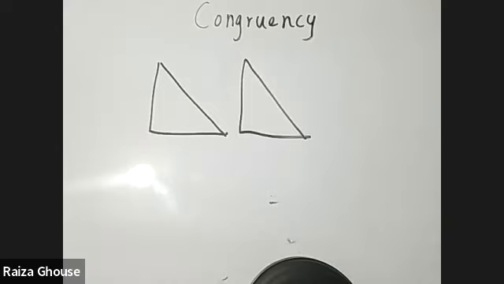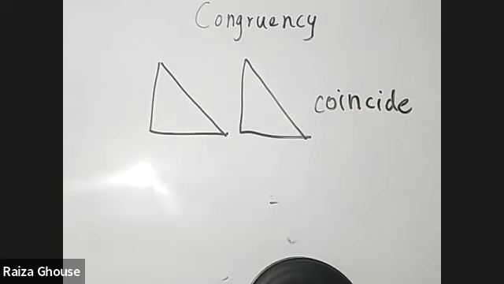Second point: if two triangles exactly coincide with each other, spellings are on the board, then they are said to be congruent triangles.